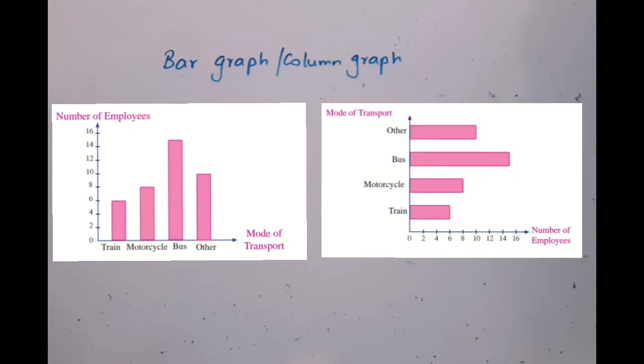This same bar graph can also be drawn this way. Both graphs denote the same thing, only the way it has been drawn is different. One is drawn vertically and the other horizontally. So this is a bar graph.